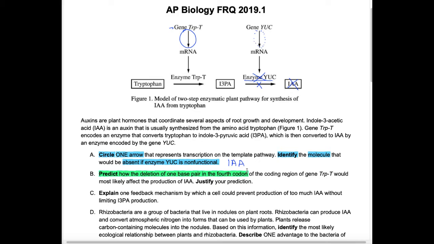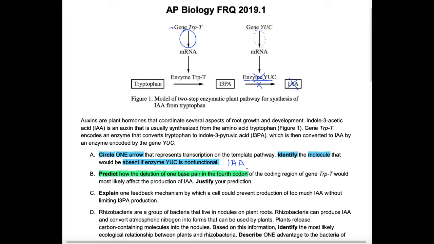Most proteins are constructed of hundreds or thousands of amino acids, which means that if you have an error in a very early codon, you're most likely going to see that error continue through all the remaining codons. On top of that, it's specifying that the deletion is only one base pair, and one or two base pair deletions or additions are notorious for causing a change in the reading frame, which tends to be disastrous for the protein itself.